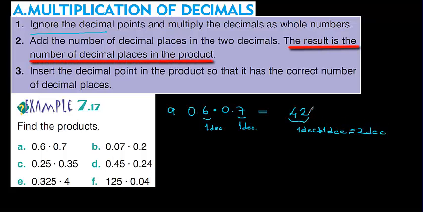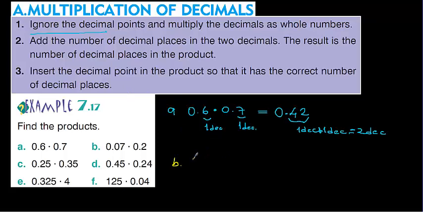So for 42 we should get 2 decimal places, and the result is going to be equal to 0.42.